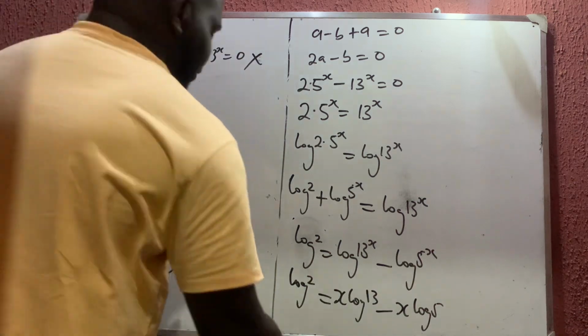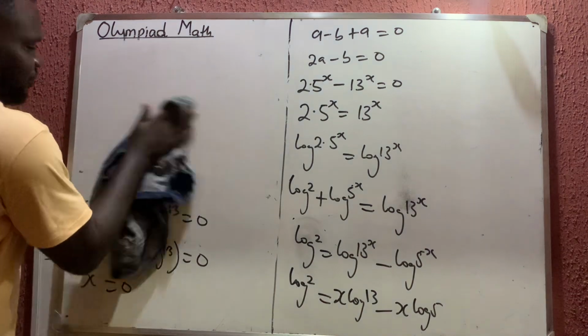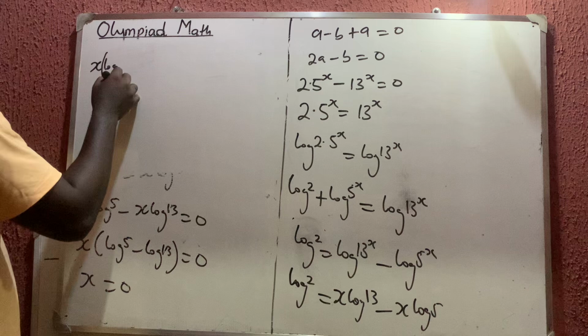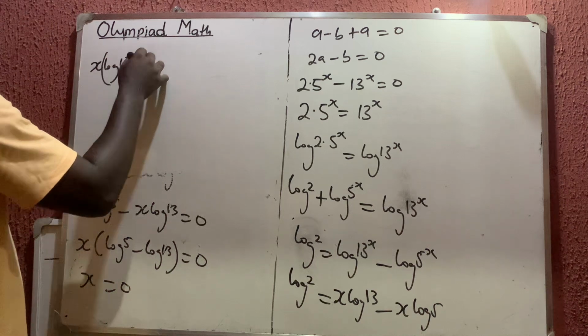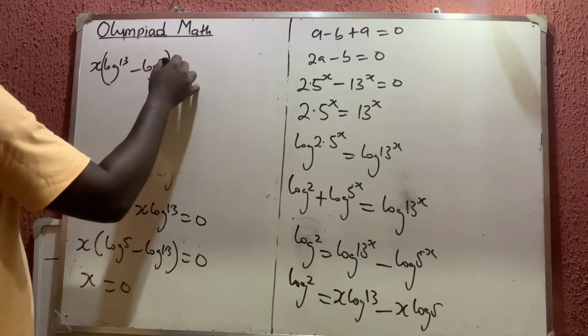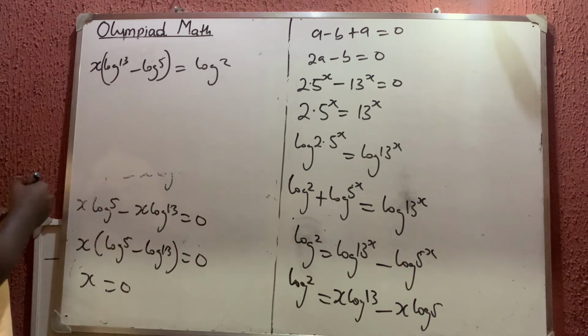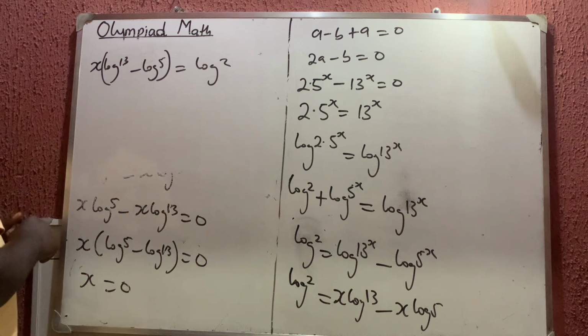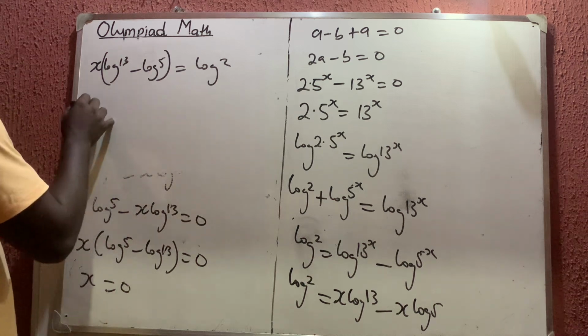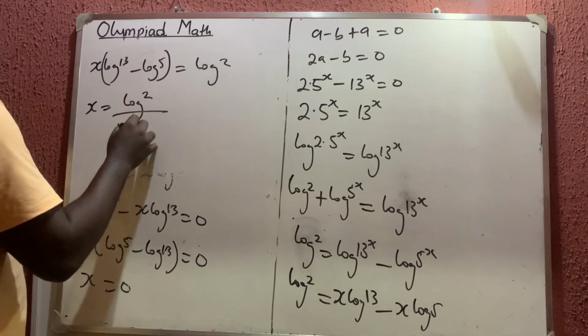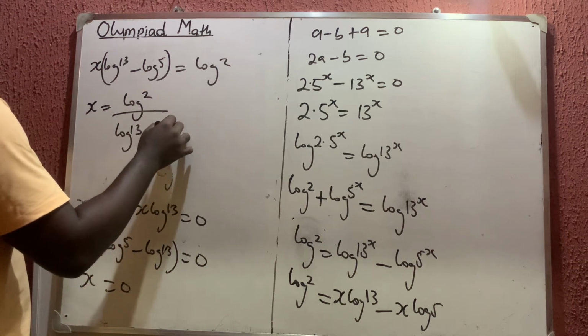If you factor out the x they have in common, I'm left with x times log 13 minus log 5 is equal to log 2. So this is now that x is equal to log 2 over log 13 minus log 5.